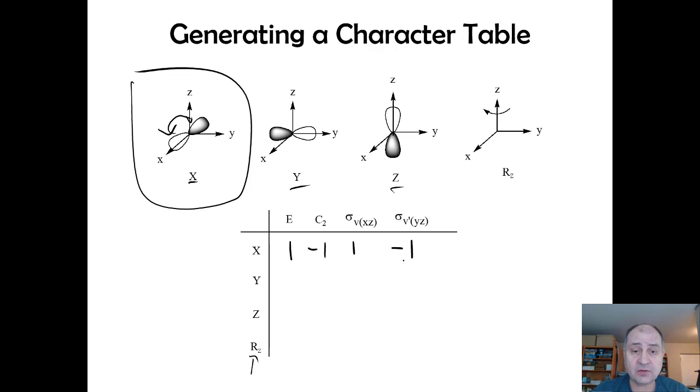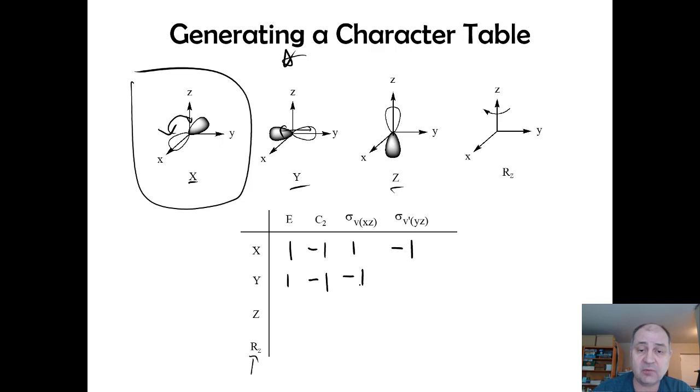Let's move on to the Y. So I have the p orbital here along the y-axis. Again, identity is going to be 1, and the C2 is going to be a -1. But now the YZ or the XZ plane is perpendicular, so that's going to switch the two.